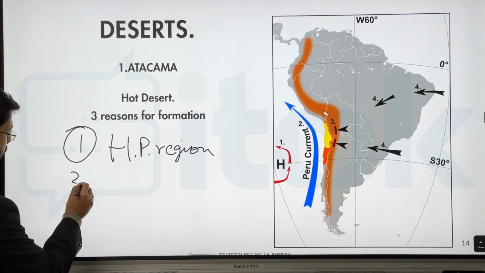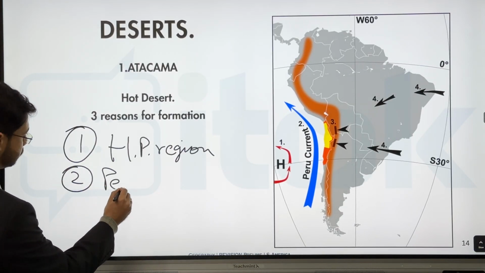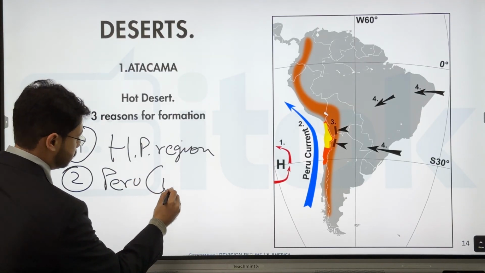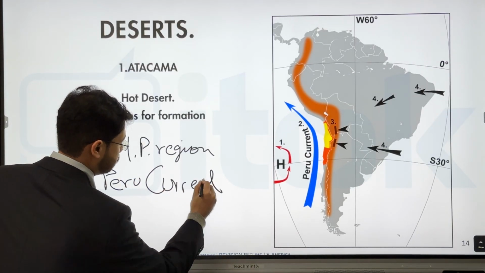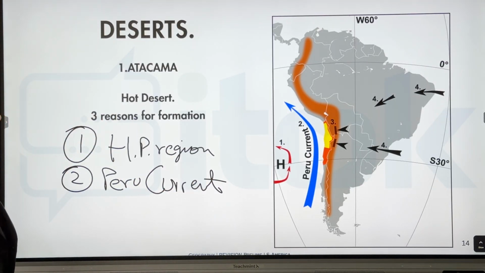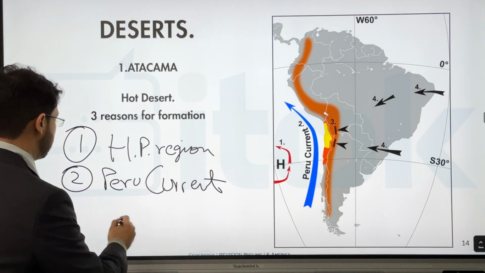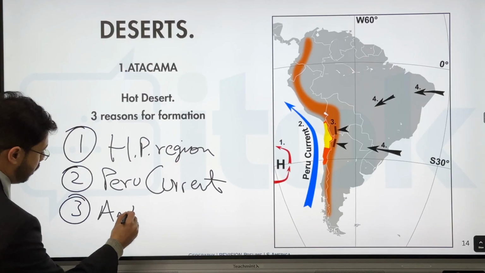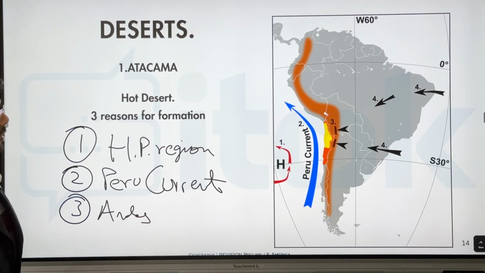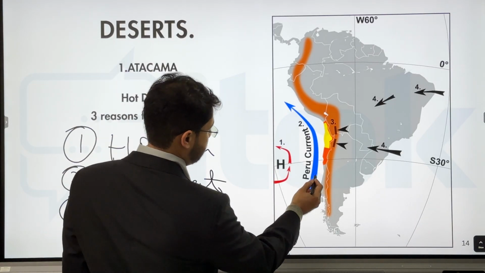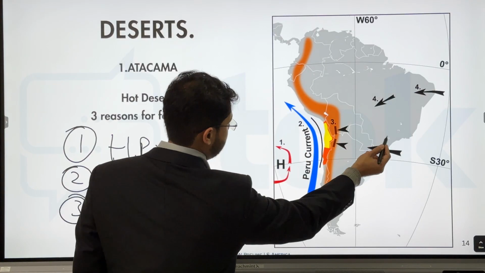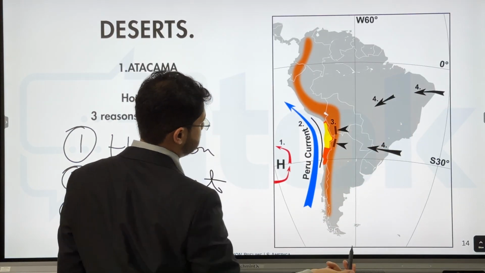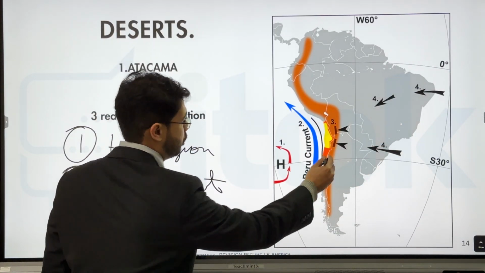Number two, the Peruvian current. And number three, the Andes Mountains. Andes Mountains do not allow any kind of rainfall to occur in the western part of the Andes. That's why Atacama is present here. Rainfalls try to come here, but they are unable to. In fact, they form the Gran Chaco over here.